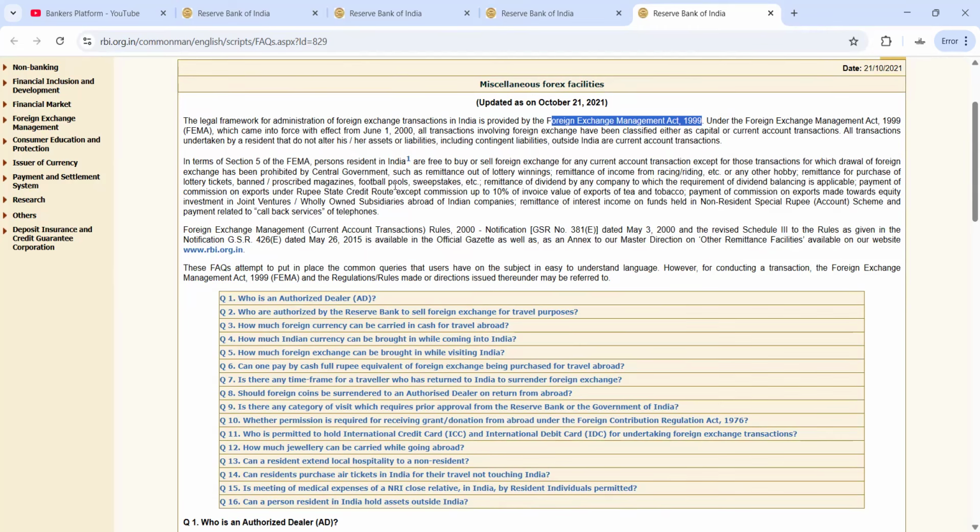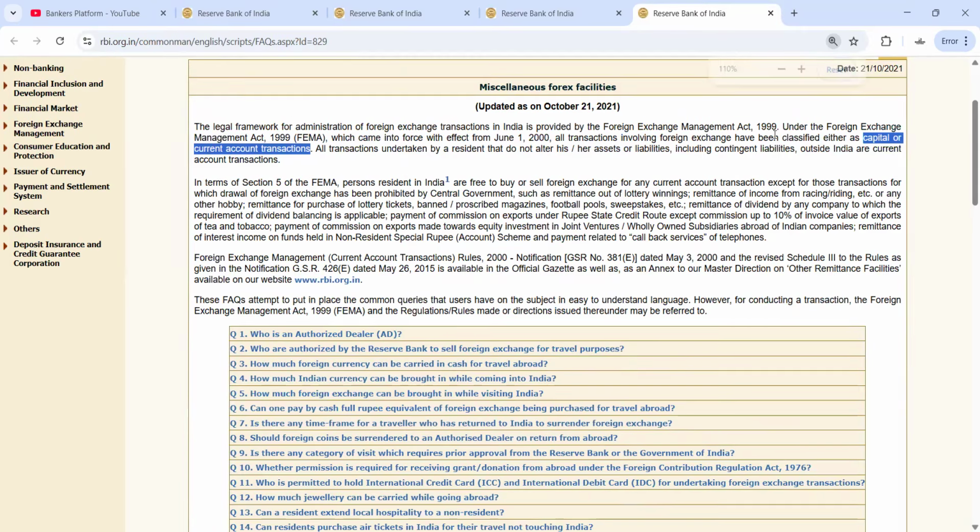This FEMA Act came into force with effect from 1st June 2000. All the transactions involving foreign exchange have been classified either as capital or current account transactions. This we have already discussed in our previous video. Current account transaction and capital account transaction we have already discussed.